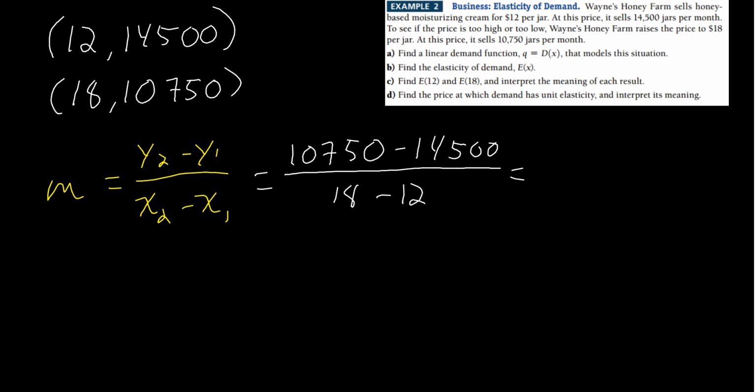Okay, so 10,750 minus 14,500, we're looking at negative 3,750 all over 6. And it comes out to a nice round number, negative 625. So this is my slope, negative 625.